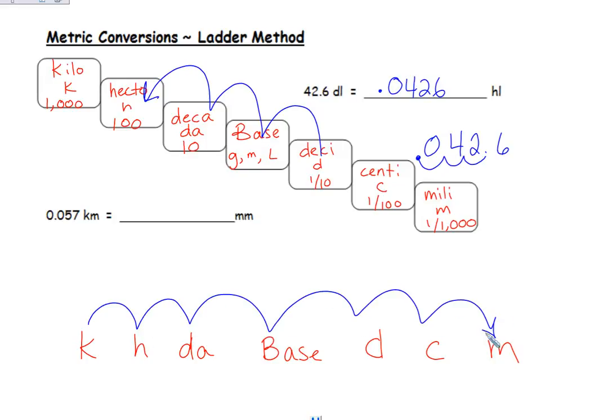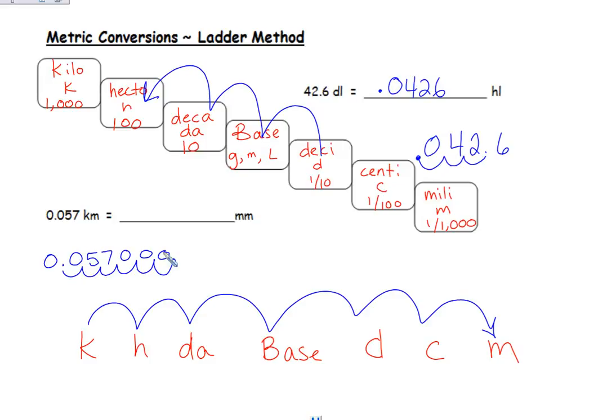I'm moving the decimal spot 6 places to the right. So it started as 0.057. Now it goes 1, 2, 3, 4, 5, 6. And again, any extra spots will just become zeros.